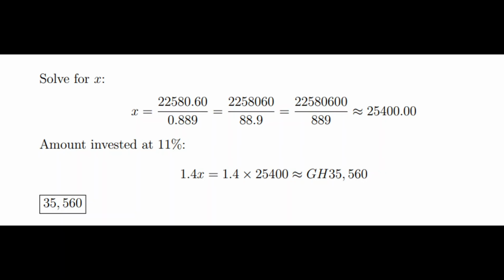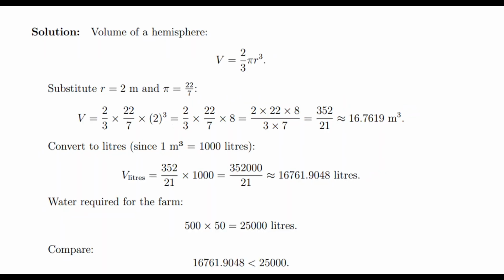So the solution: the volume of a hemisphere is equal to 2/3 pi r cubed. So we substitute our radius, which is 2 meters, and our pi, which is 22/7. Now that gives us the volume to be 16.7619 meter cube. But we have to convert this 16.7619 to liters.